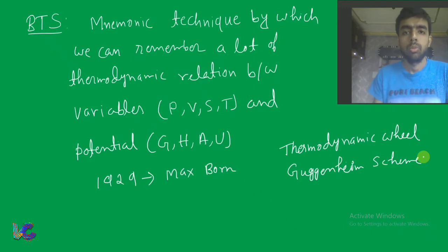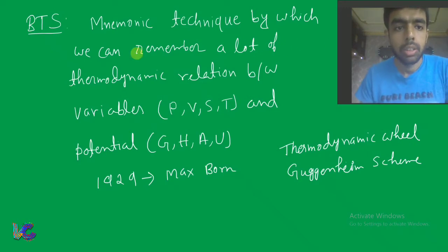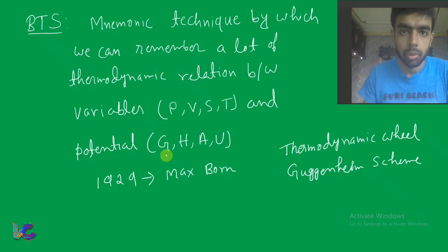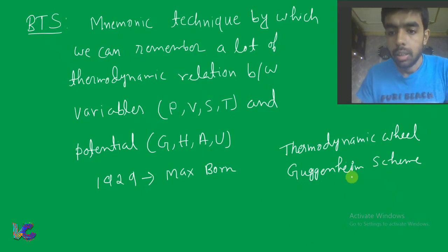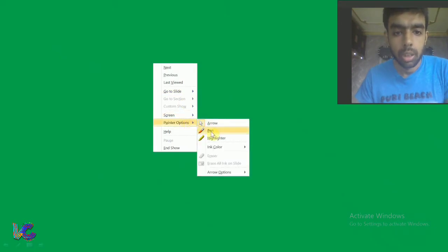Fine. So Born thermodynamic square is a mnemonic technique by which we can remember a lot of thermodynamic relation between variables P, V, S, T and potential G, H, A, U. It was given by Max Born in 1929. The other names of Born thermodynamic square are thermodynamic wheel and Guggenheim scheme. Right? Okay.